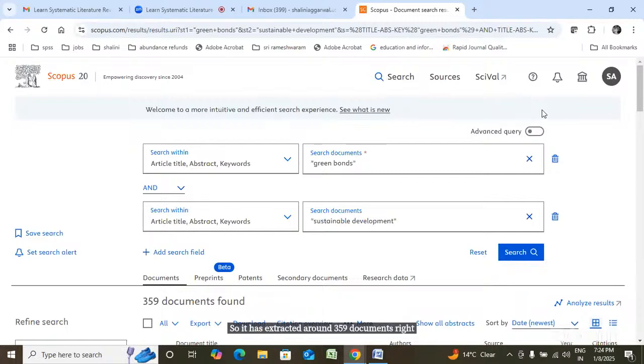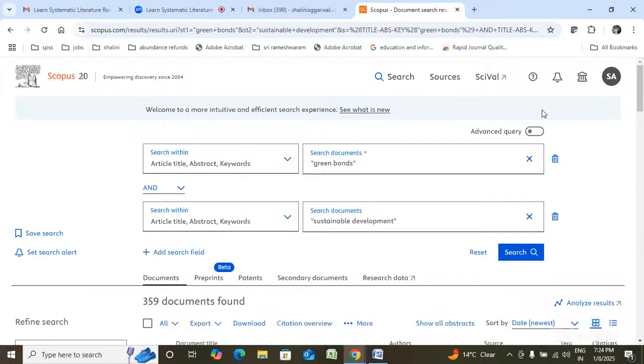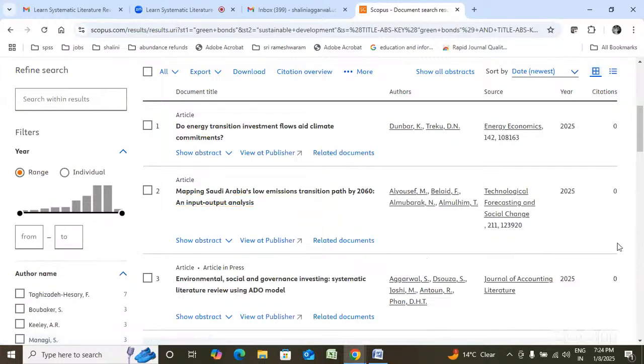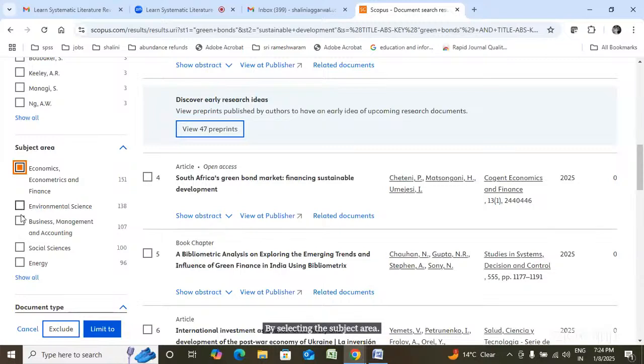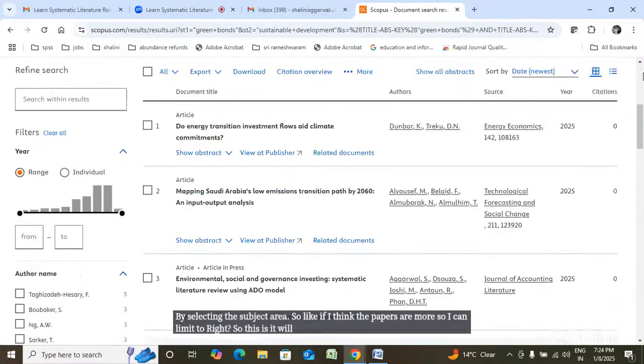So we can narrow down our research as well by selecting the subject area. If I think the papers are more, I can limit to it. This will reduce the number of papers.